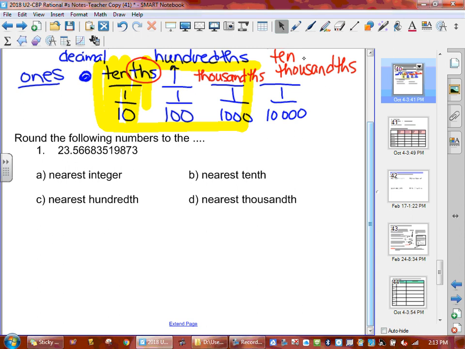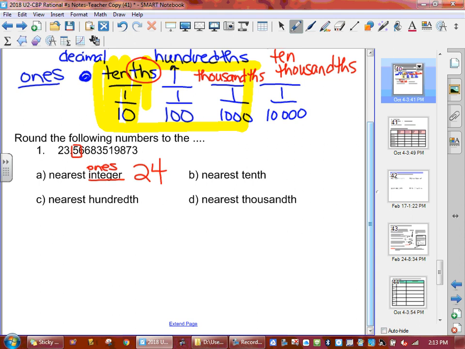So, this one says to the nearest integer. Well, that's like saying to the nearest ones place. So you're looking at the decimal right after the ones place, the 5. Is that 5 going to make that 23 go up 1 or stay the same? Up 1, good. So it should be 24.